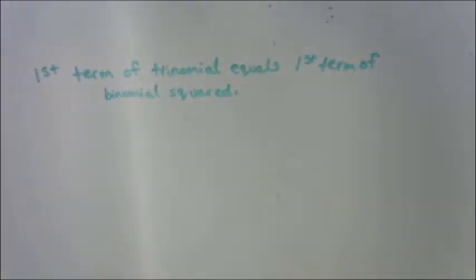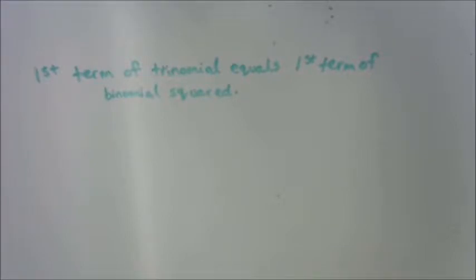So if you look at the first term of A, that's in that binomial, the first term is x, and x squared is x squared, and that's the first term in the trinomial. If you look down at D, you've got 4x as the first term in the binomial, and if you square that, you get 4 squared x squared, which is 16x squared, and that's the first term in the trinomial.